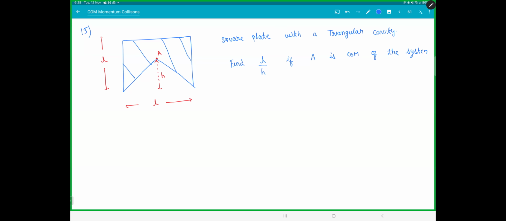It doesn't matter what is the origin. Question was find L by H. Why do you need origin? You can choose whatever you want.